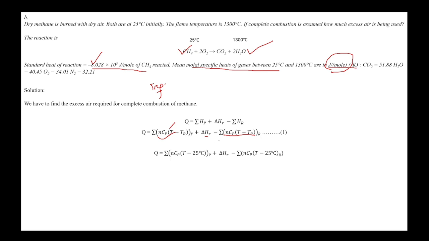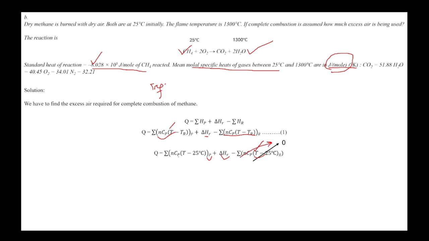Putting in the value of T reference, Q added will be equal to n Cp delta T minus 25 degrees Celsius of product, plus standard heat of the reaction, plus n Cp delta T of the reactant. This will be equal to 0 because the reactant is at 25 degrees Celsius and T reference is also 25 degrees Celsius. So this whole term will be equal to 0.